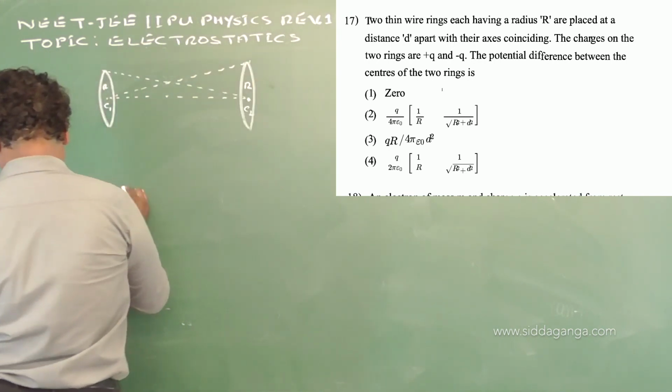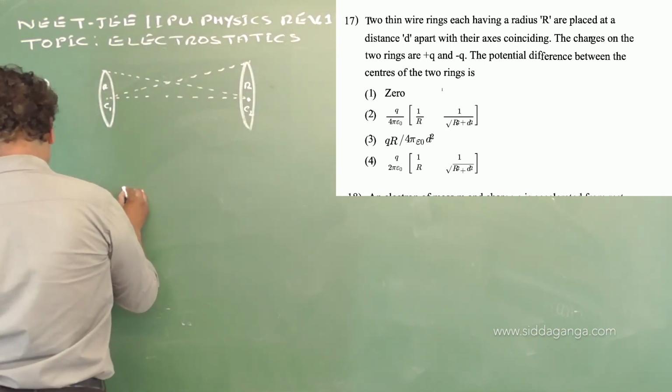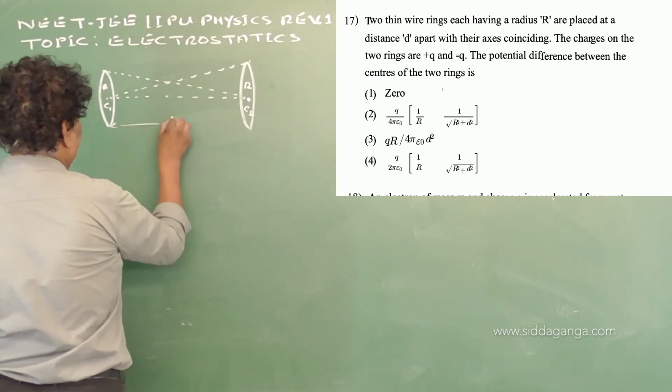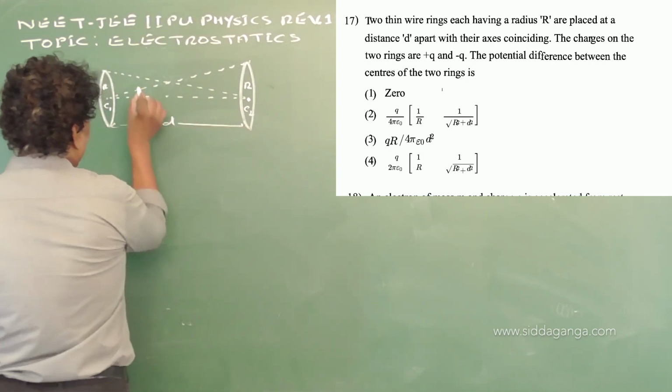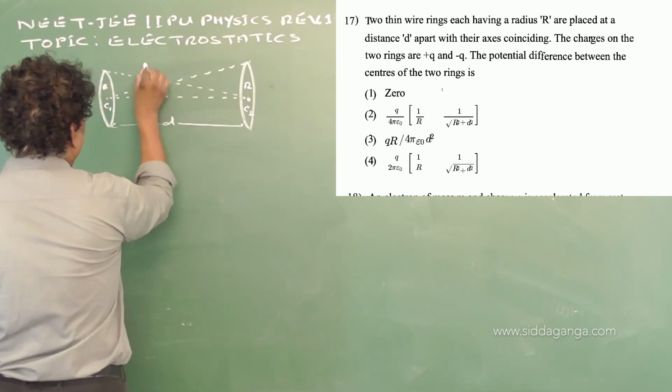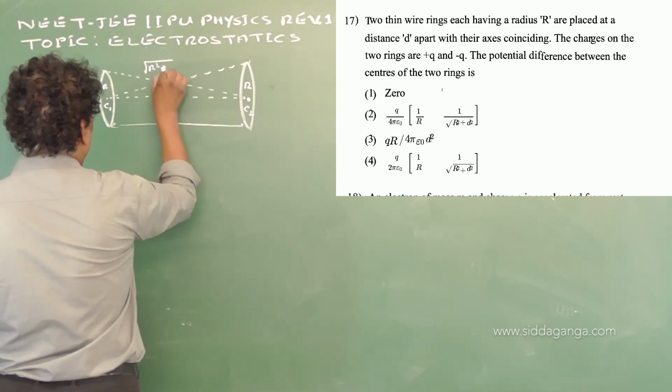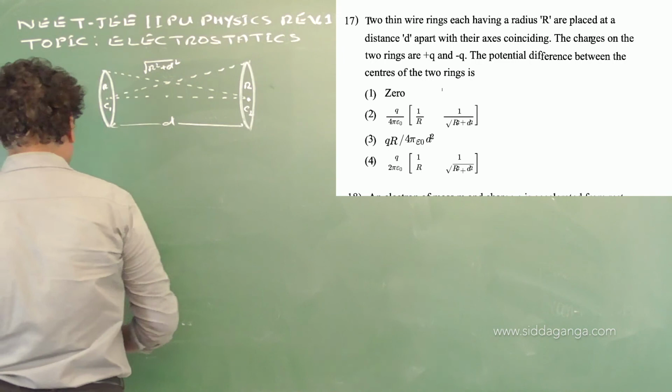These two are separated by a distance d apart. Therefore, the distance from each center to the other ring is square root of r square plus d square.